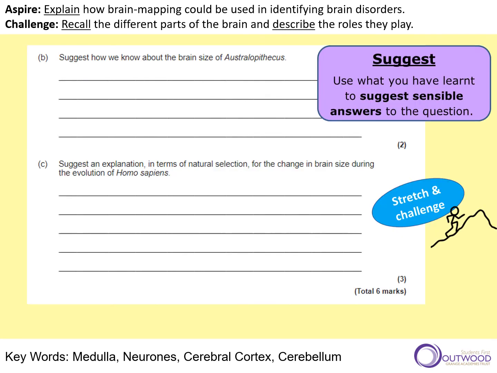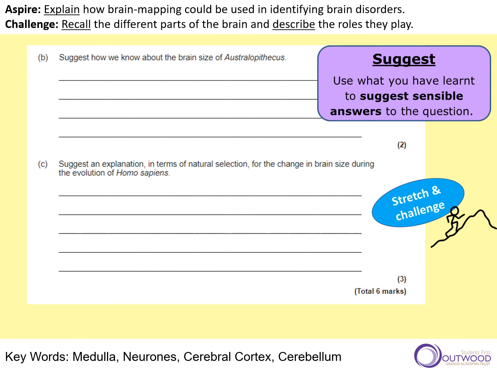Okay, part B and part C. Part B, suggest how we know about the brain size of Australopithecus. How do we know the brain size of those people that lived 2-3 million years ago?